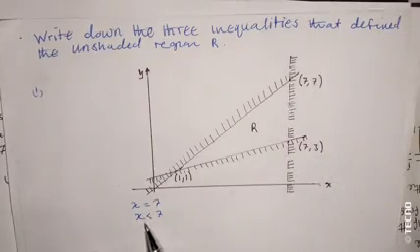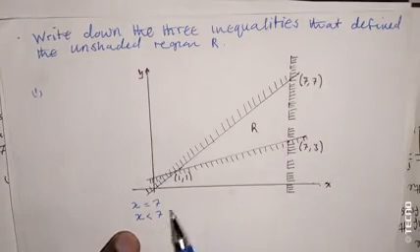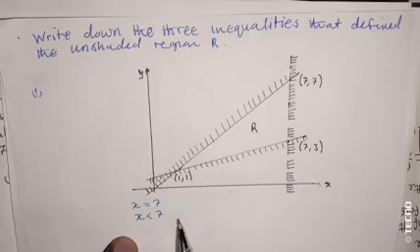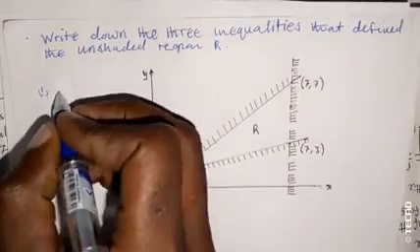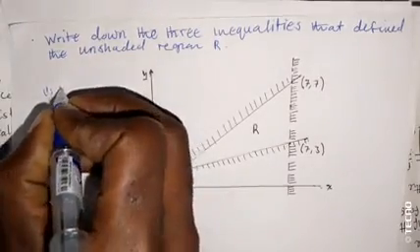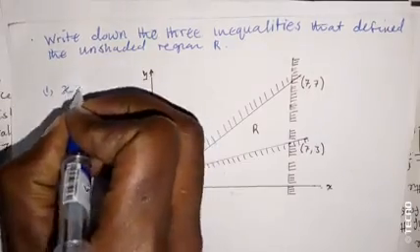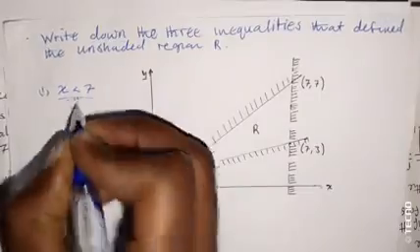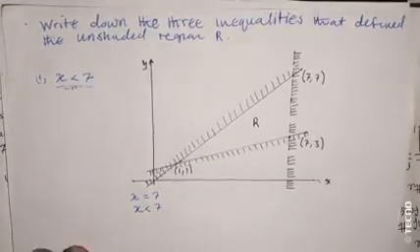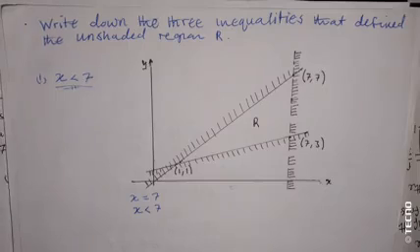So the unshaded region is x is less than 7. Our first inequality is x is less than 7. Remember, we are writing 3 inequalities.